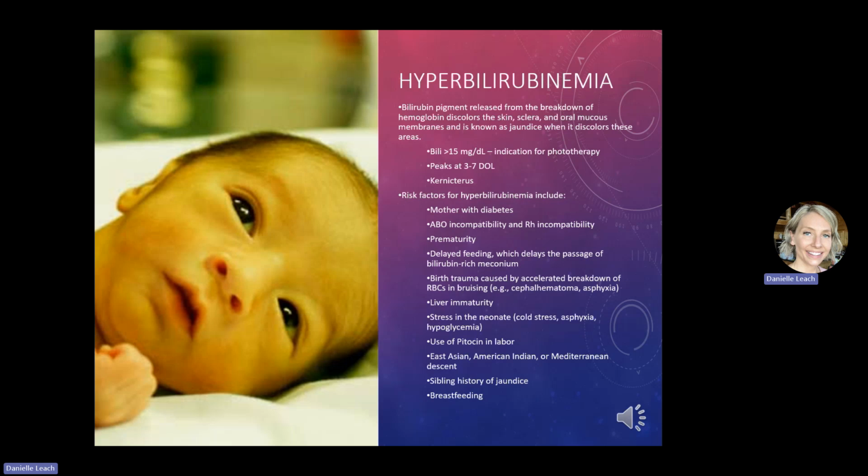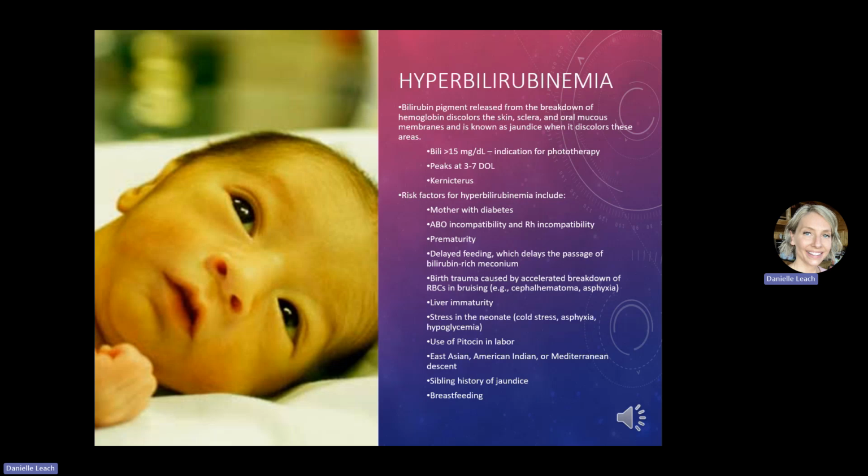So that's going to indicate that the baby needs phototherapy, which basically means, if anyone has seen the baby under the lights before, sometimes the lights have sort of a blue hint to them, but it's basically UV light that helps break down the bilirubin through the skin. So the baby can't necessarily wear clothes at this time because we want all of their skin to get this light therapy.